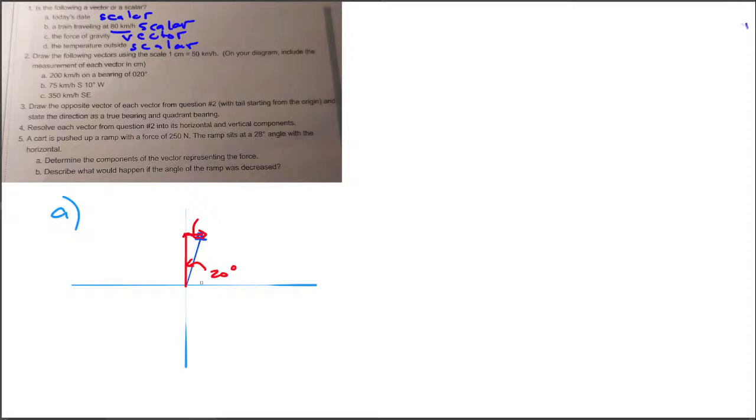Okay, so let me take that off just for the sake of it. So if this angle is 20 and I want to know this x vector, I can use the sine. So the sine of 20 degrees is equal to the opposite side, which is actually what we want to know. It's the x. Let's call it x.